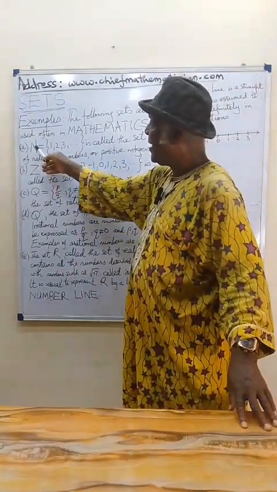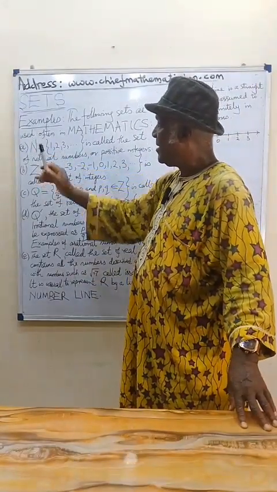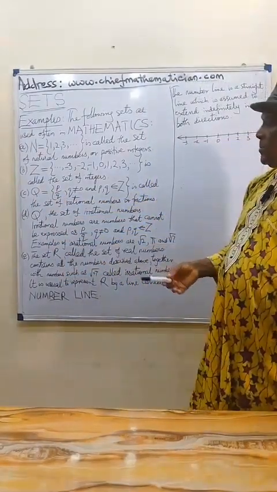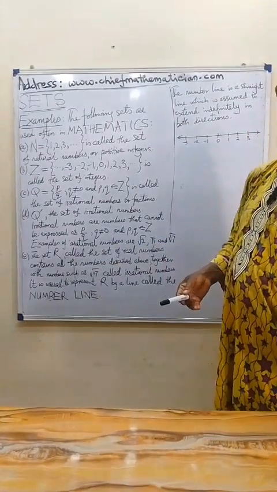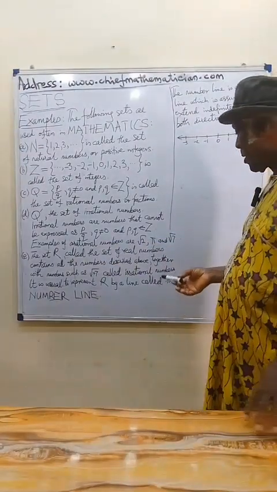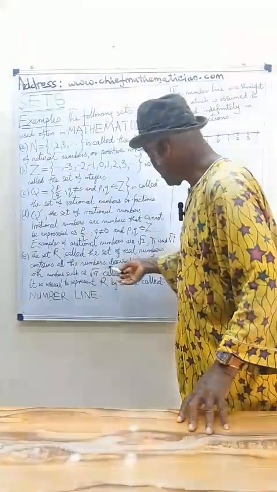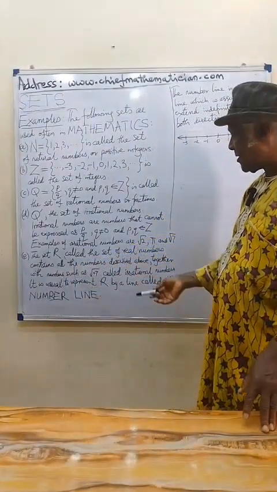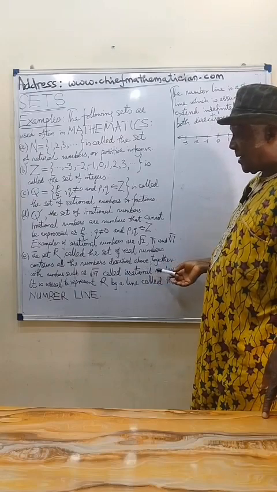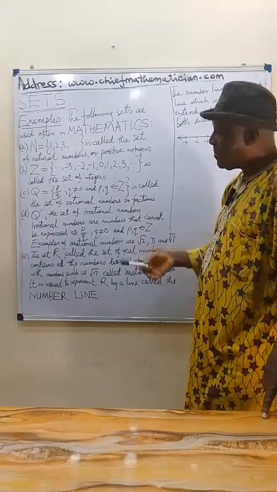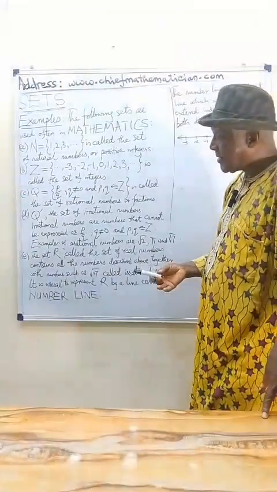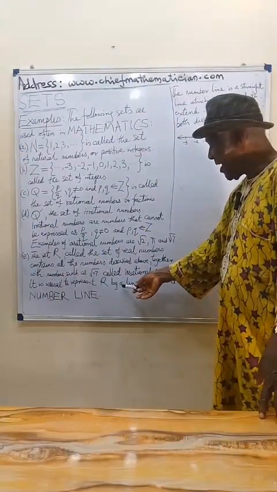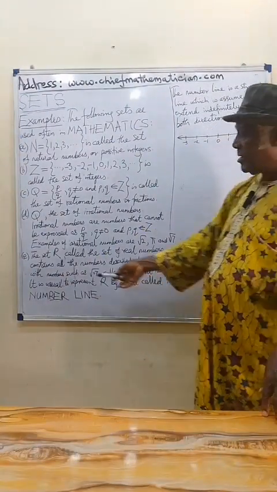All the numbers here are contained in the set of real numbers, together with numbers such as root 7, that is called the irrational numbers. So they all form the set of real numbers. It is usual to represent R by a line called the number line.